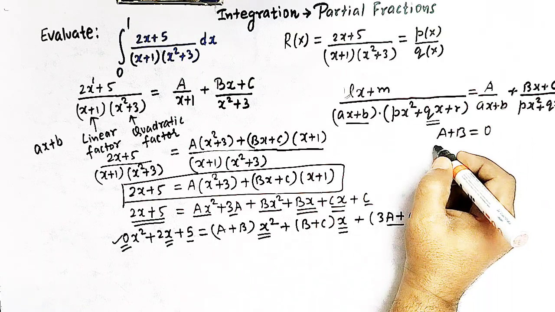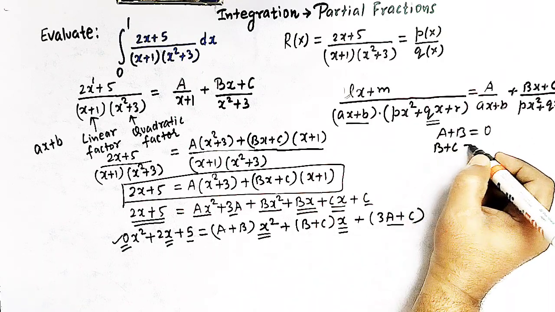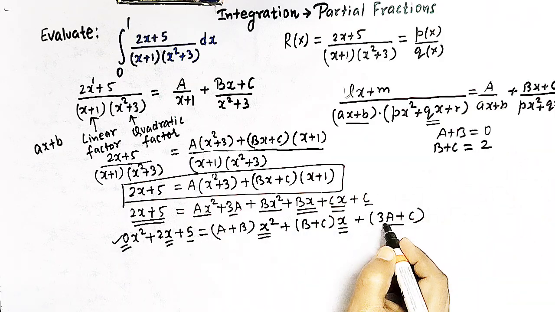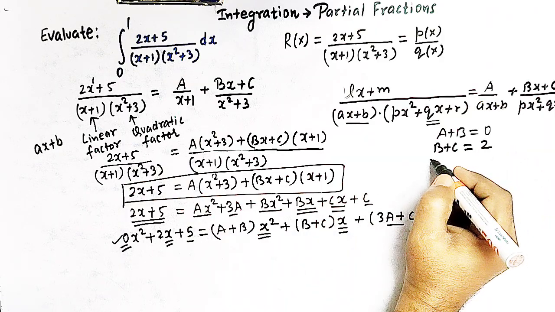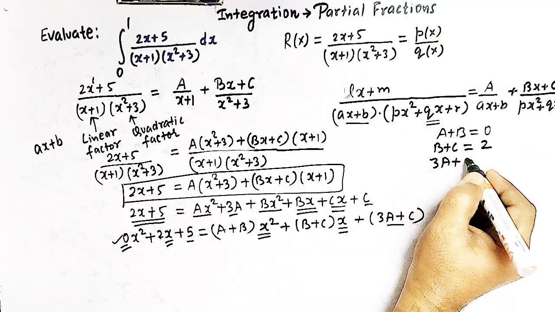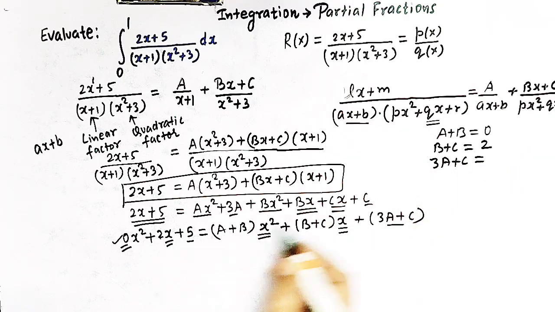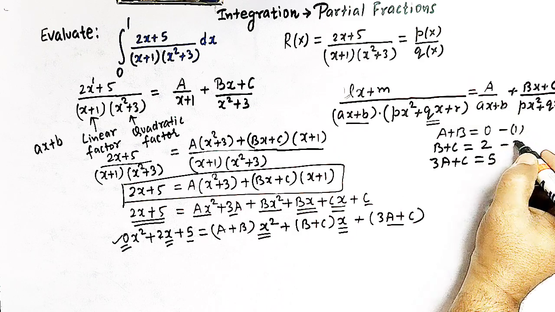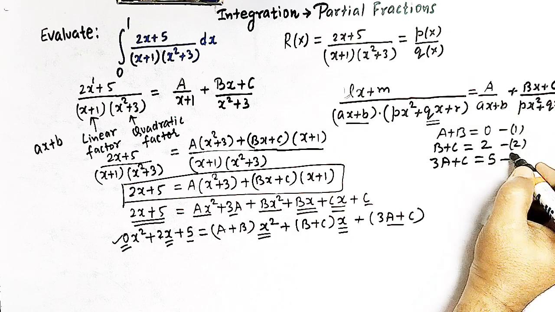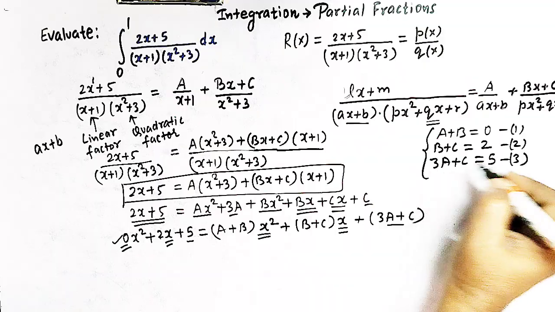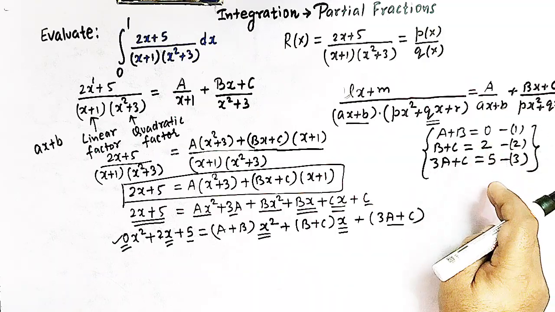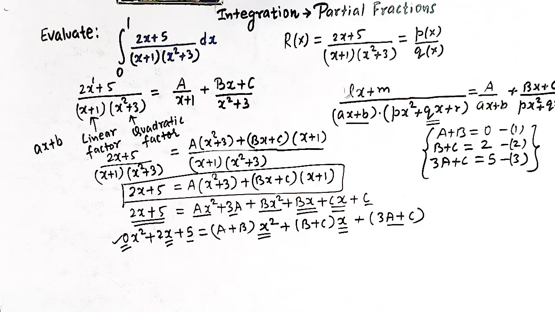Then b plus c is equal to 2, and the constant term 3a plus c is equal to 5. So now we have three equations and three variables, right? We can now solve these three equations to get the values of a, b, and c.